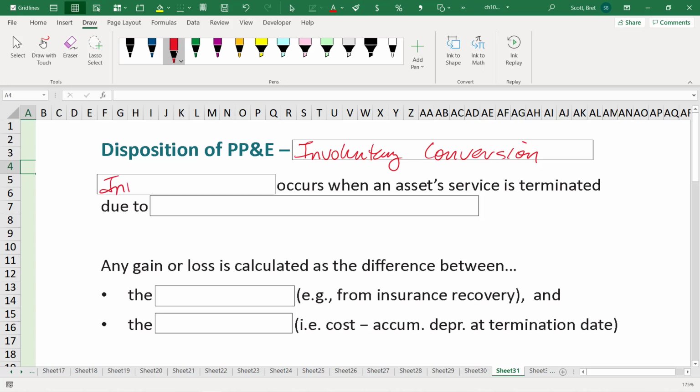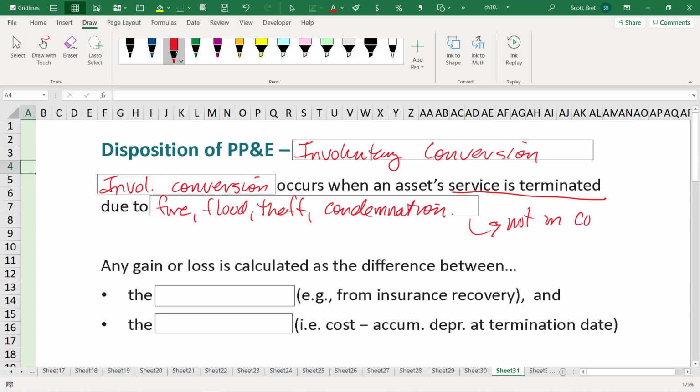So involuntary conversion occurs when an asset's service is terminated due to fire, flood, theft, condemnation, whatever. Something happened. It was outside the control of the company. Or just say not in the company's control. Right? So what happens in those cases?